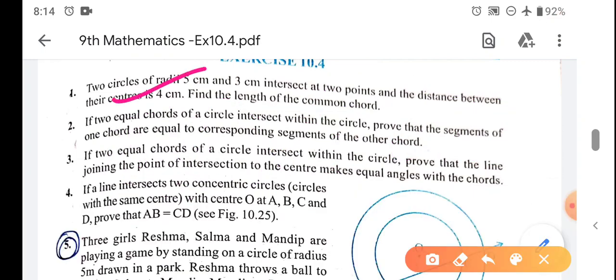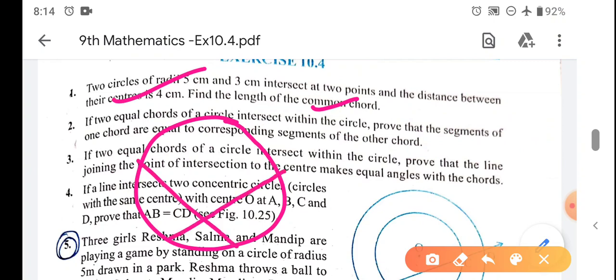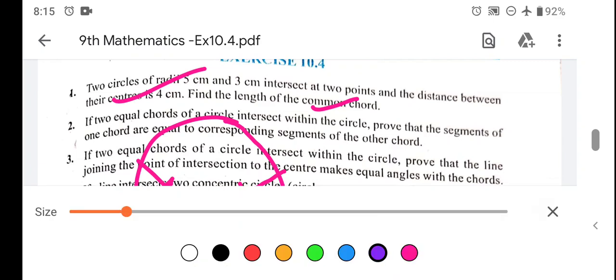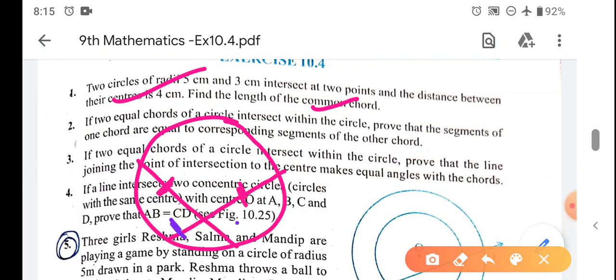Next is: if two equal chords of a circle intersect within the circle, then the corresponding segments are equal. Suppose these are equal chords and they intersect in the circle. This big segment is equal to this big segment, and this small segment is equal to this small segment.